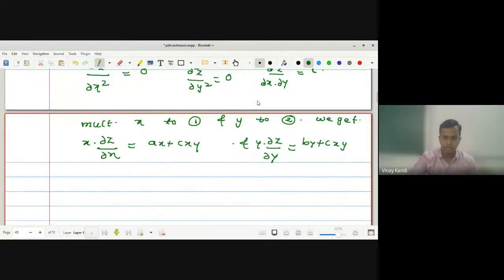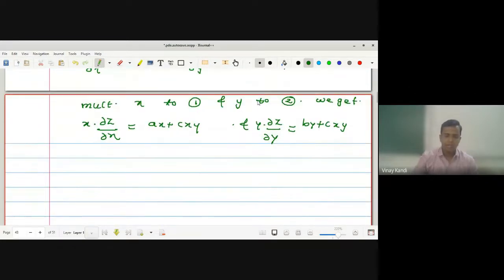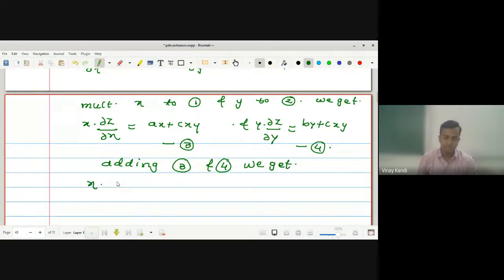Now adding equation 3 and equation 4, we get x ∂z/∂x plus y ∂z/∂y, which is equal to ax plus by plus cxy plus cxy.